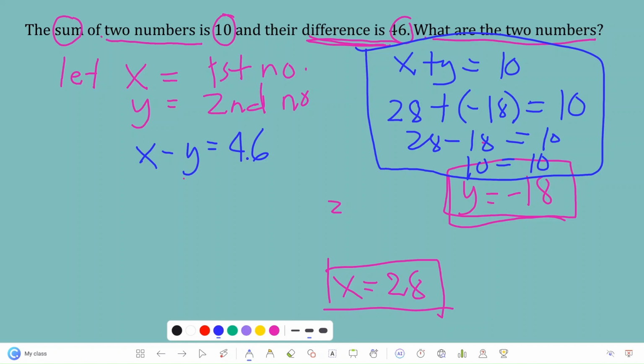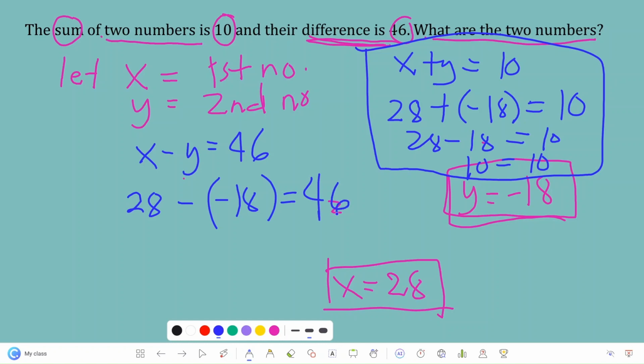You have here 28 minus, be careful with the sign. You have here minus. And then, ano ba ang y mo? Negative 18 is equal to 46.